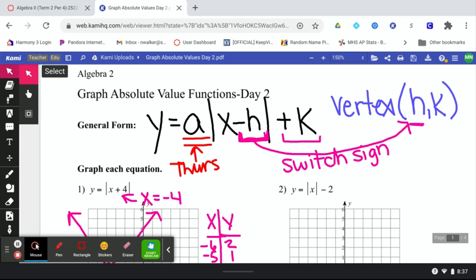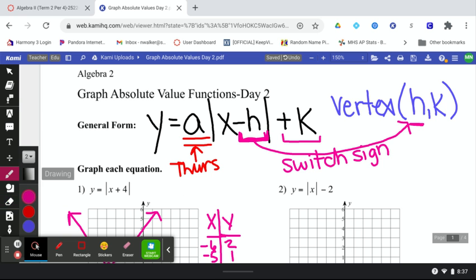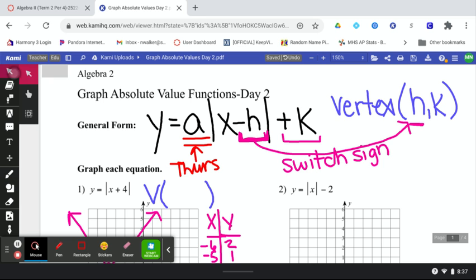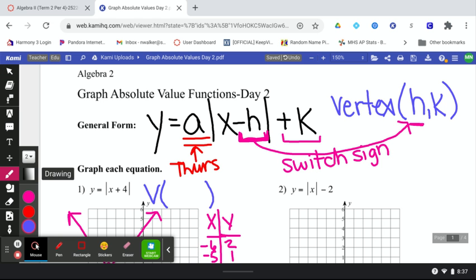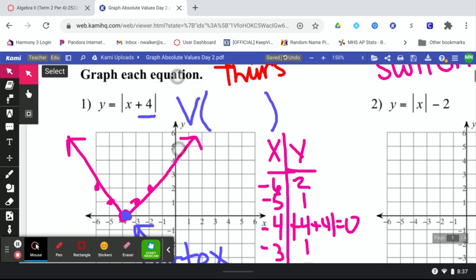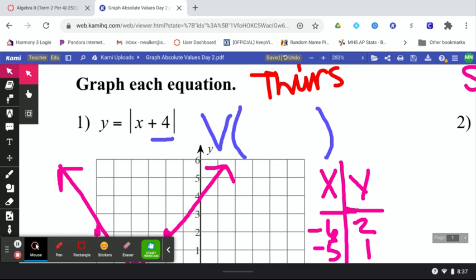On that first example, I'm going to erase this for just a second. The appropriate way that we would do this, I always just put V for vertex. Is this positive 4? Does that deal with h or k? Let me zoom in just a little bit on that. That's h. Now we see a positive 4 in the equation right here.